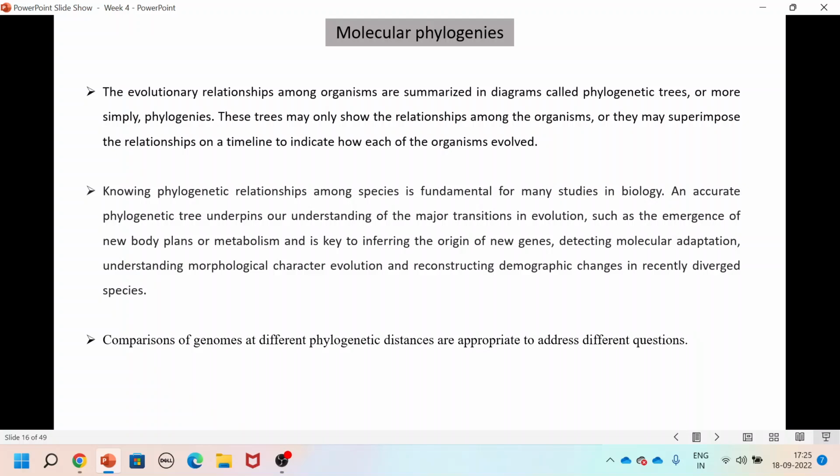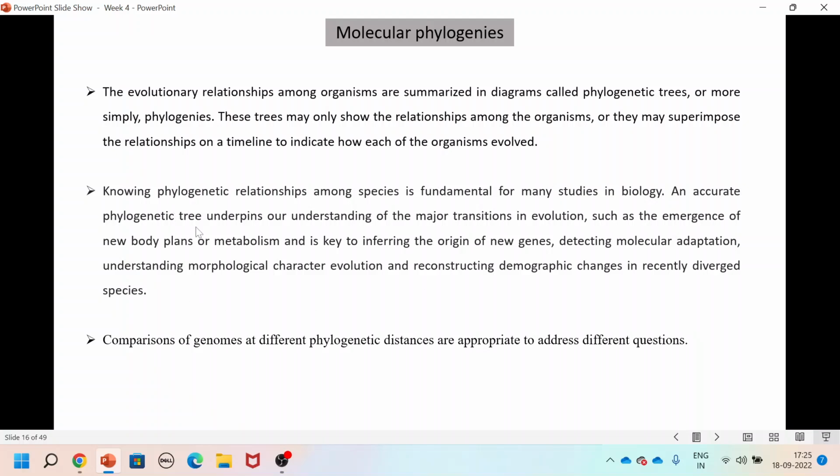So what is the functional importance of a particular protein, or of a particular region in a DNA? This molecular phylogenetic tree not only reveals the state of evolution but also reveals various events which have occurred during evolution.